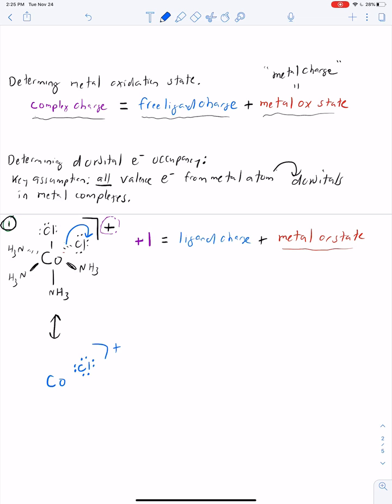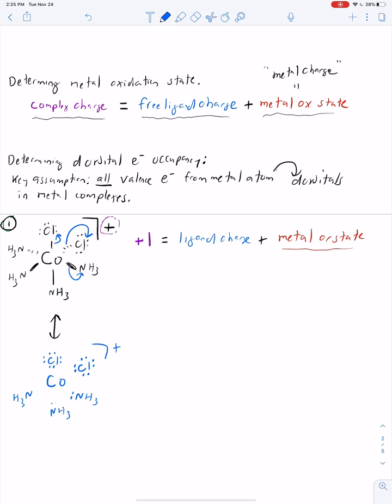We can do this for every single ligand. For example, we can do that one, and that gets us to that chloride. Every chloride will be the same. We can also do it for ammonia, which will get us here. And all the other ammonias, that's true as well.